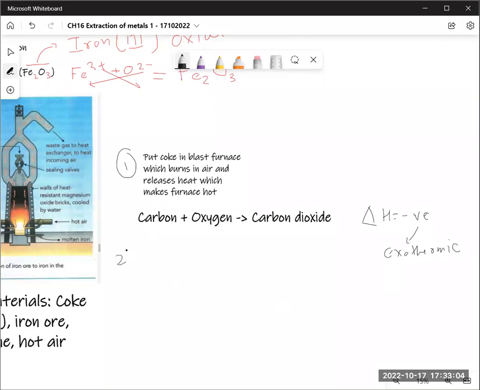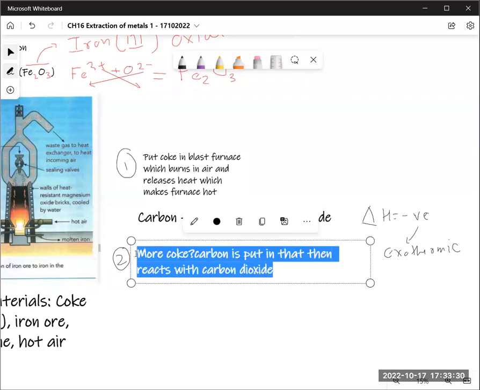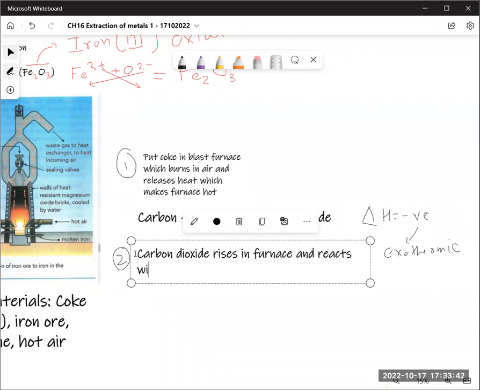So that's done. Second step is carbon dioxide rises in the furnace and reacts with more coke, carbon, put in.